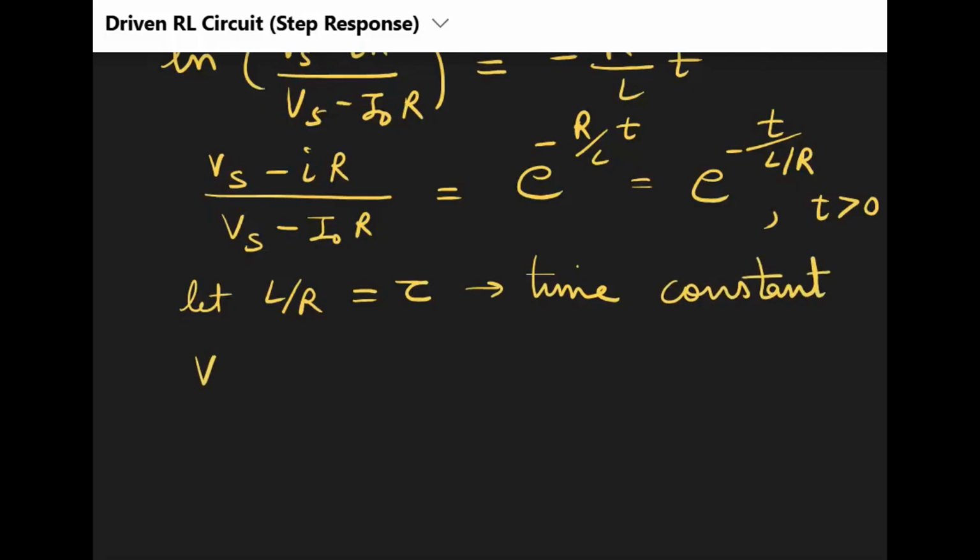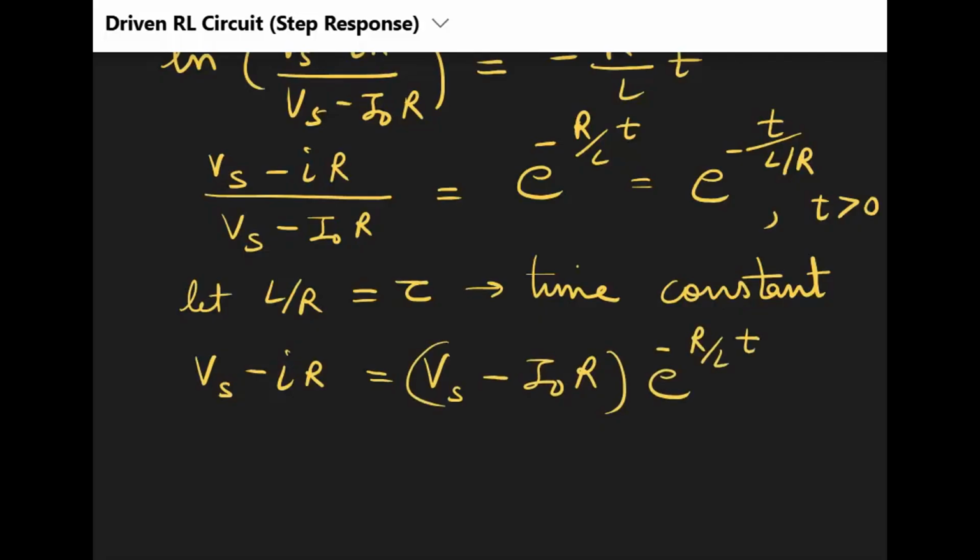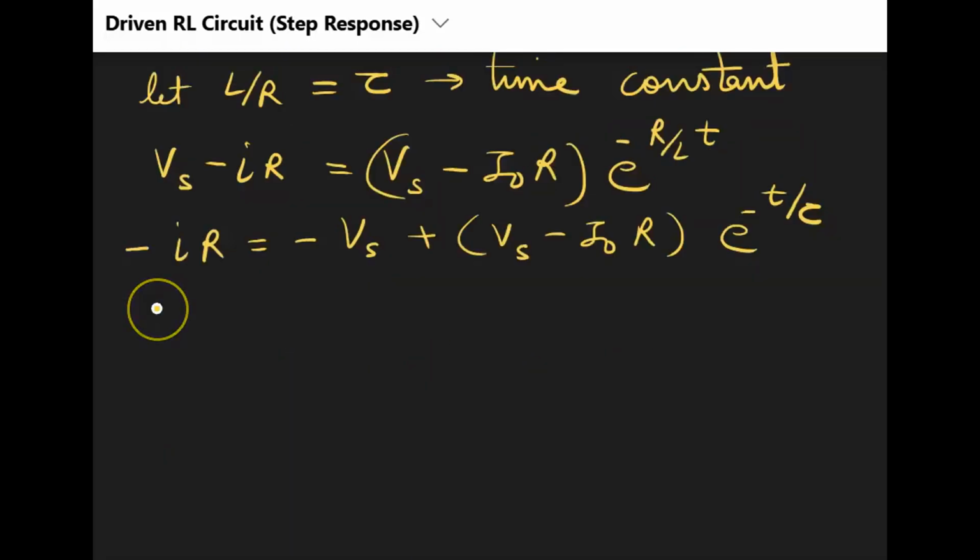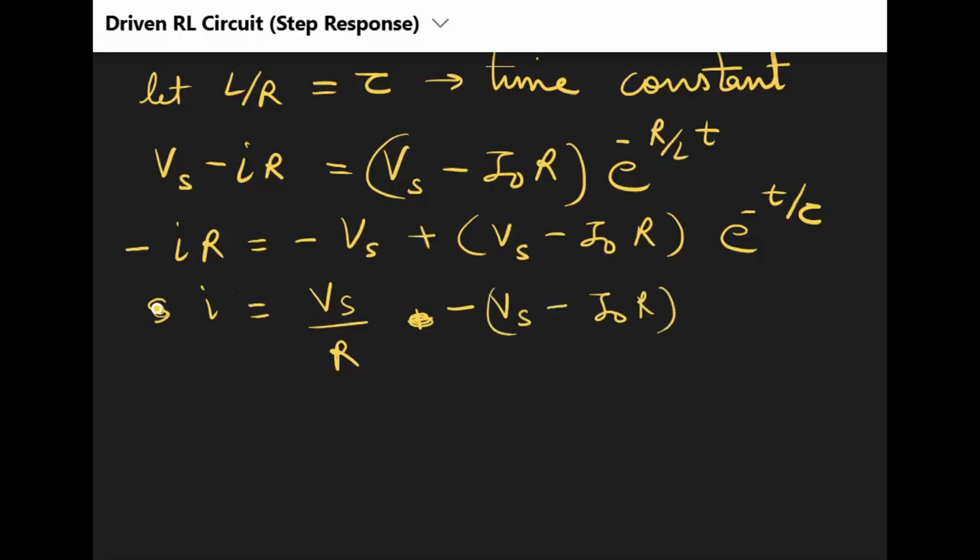So Vs minus iR equals (Vs minus I0 R) multiplied by e to the power minus (R by L) t, and we can write it in terms of tau as e to the power minus t by tau. Solve it for i: i equals Vs by R minus (Vs minus I0 R) in brackets divided by R, times e to the power minus t by tau.